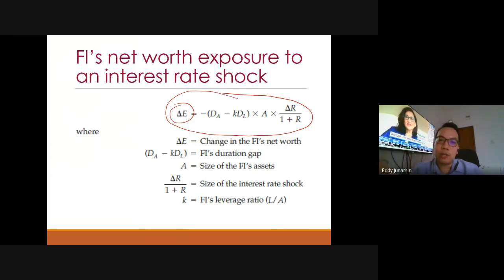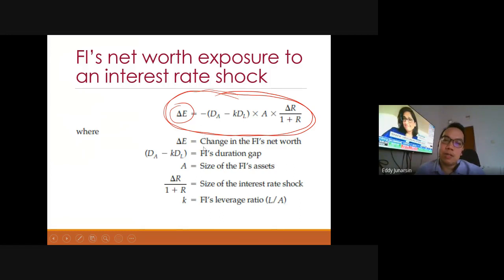We talk a lot about this as the foundation of further discussion on interest rate risk, especially how the movement in interest rate could affect your equity value or the change in your equity value.